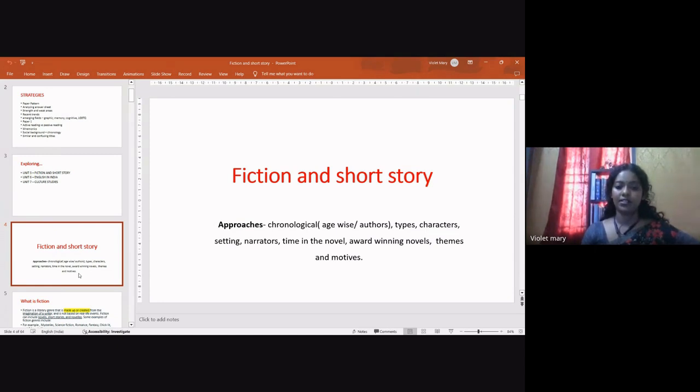You have a particular style of narratives, a particular club of narratives, and then time in the novel, the linear pattern. Some novels will have the in medias res type. And then award winning: any award winning committee, awards given to novels, awards from Tamil, from India, international awards.